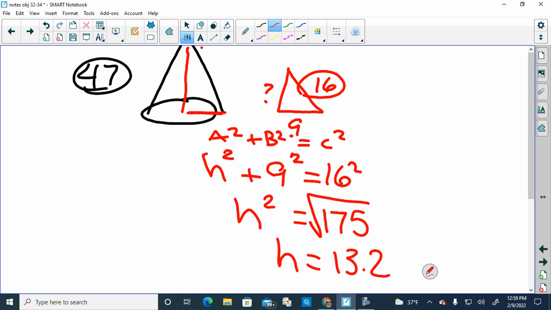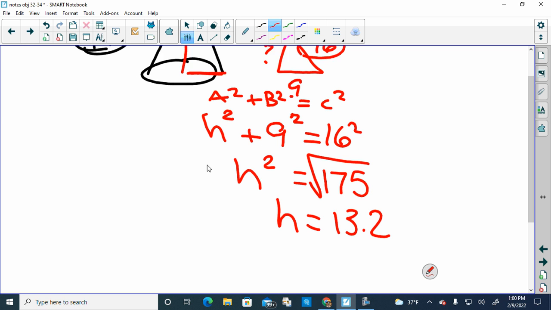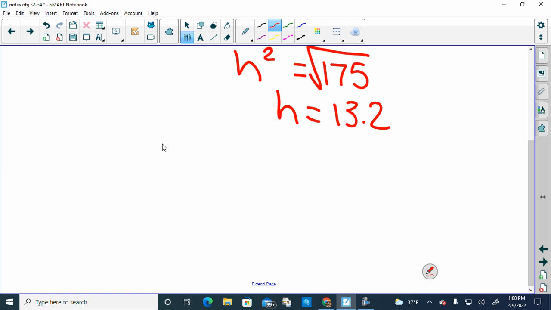Okay, so now we have what we need to plug into the formula. I'm going to scoot this down, so if anybody needs it, let me know. Okay, so this is our longest formula, the square root thing. This is the one we're using. So pi. Next thing is r. What was our radius? 9.